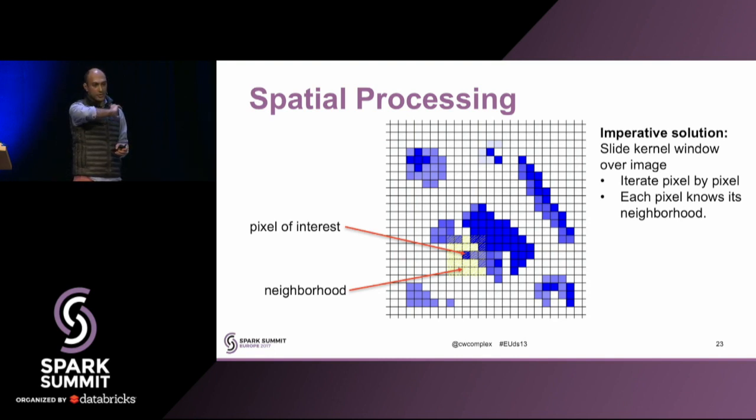You slide your square window, and I've highlighted an example kernel window, which is a 5x5 square around the pixel of interest here. You slide the kernel window over the image, iterating pixel by pixel, weighting each pixel in the neighborhood around the pixel of interest, summing, and then writing that to an output buffer.